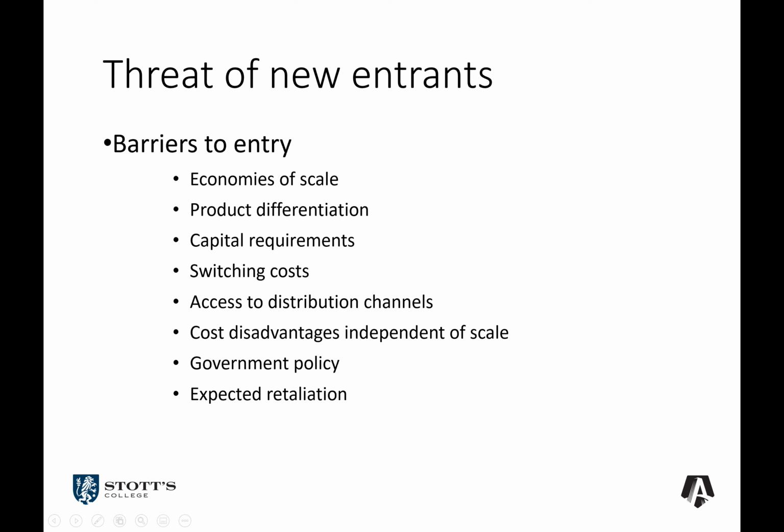There are effectively 8 main barriers to entry: economies of scale, product differentiation, capital requirements, switching costs, access to distribution channels, cost disadvantages independent of scale, government policy, and the expected retaliation in your market if you enter their market.